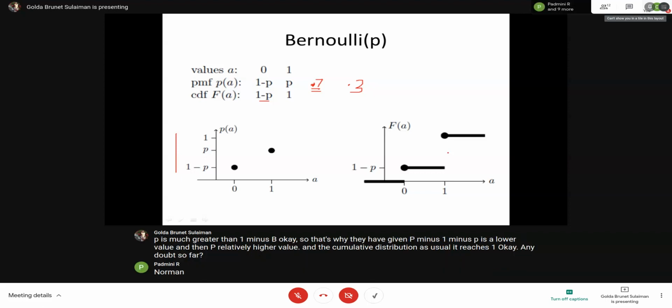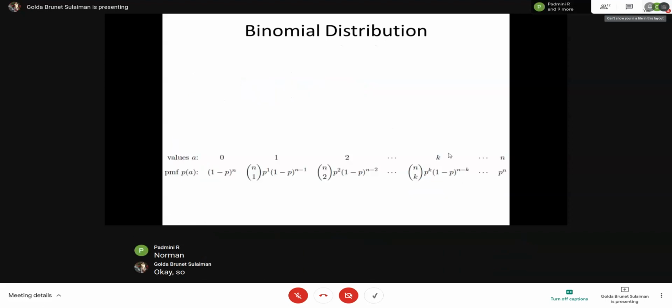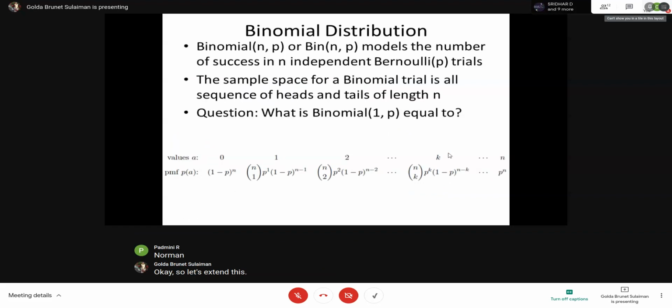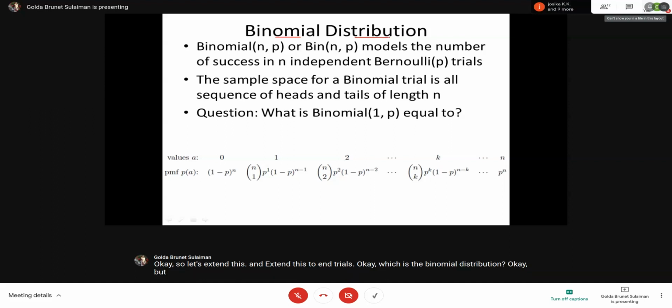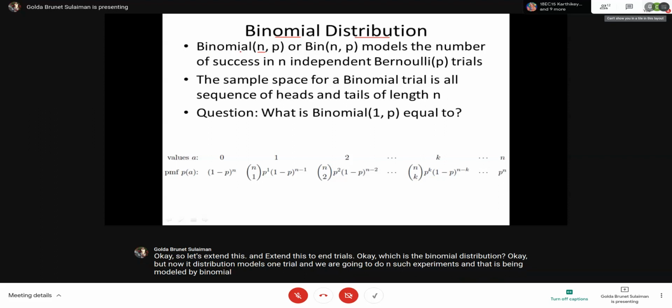Okay, so we'll extend this to n trials, which is the binomial distribution. Bernoulli distribution models one trial and we are going to do n such experiments, and that is modeled by the binomial distribution. Again this is a discrete probability distribution.